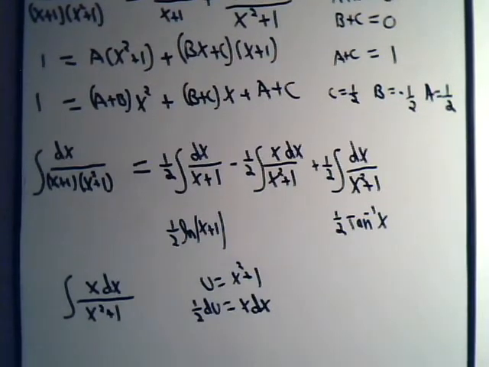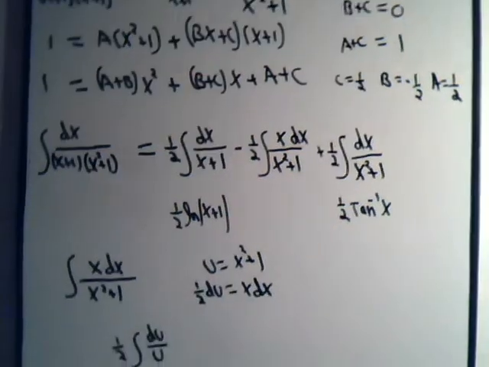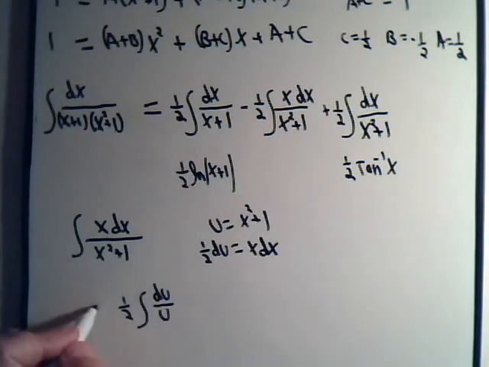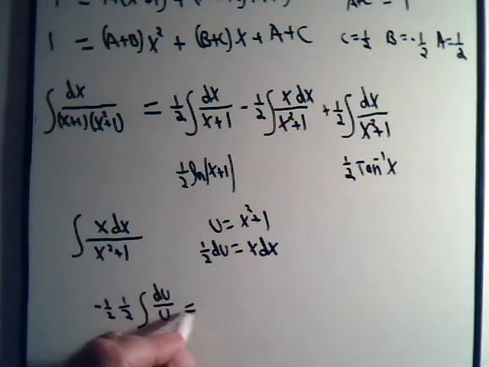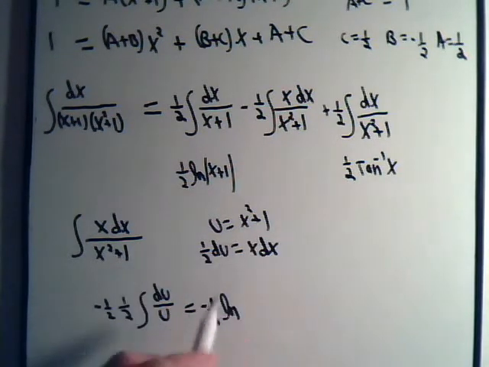So this integral here is 1/2 the integral of du over u, and we had minus 1/2 times that. So multiply this by minus 1/2, and that will equal minus 1/4 the natural log of u, which is x squared plus 1.